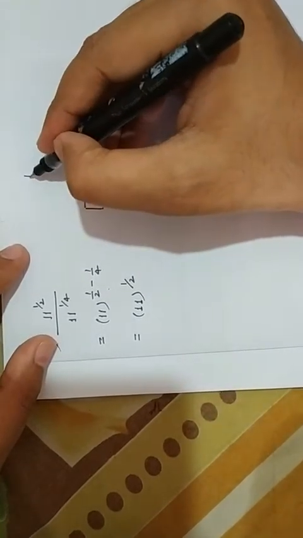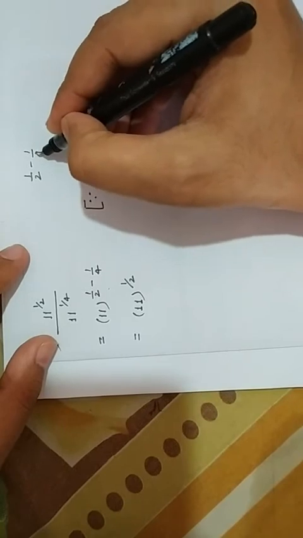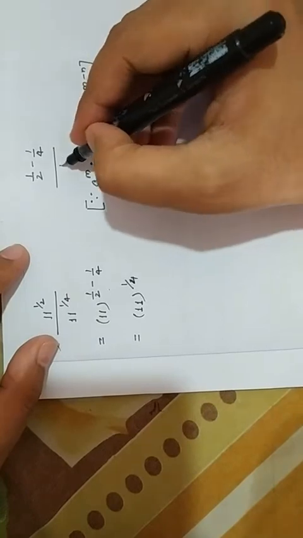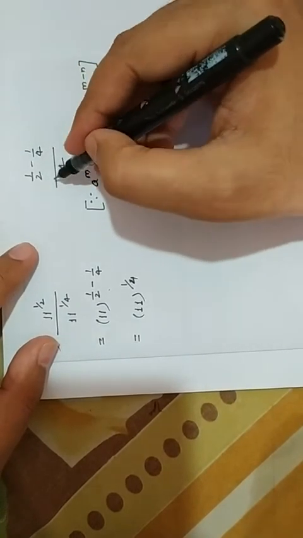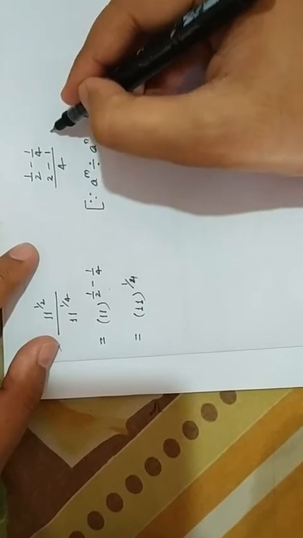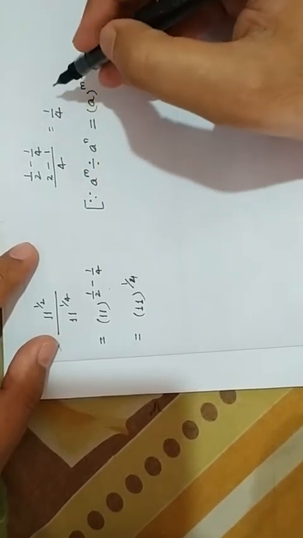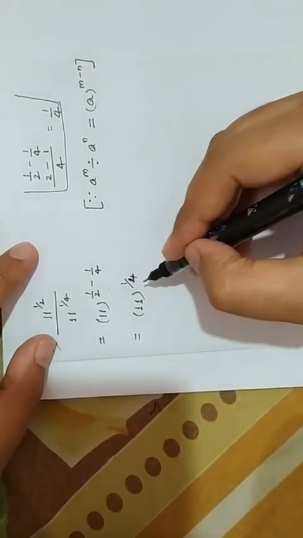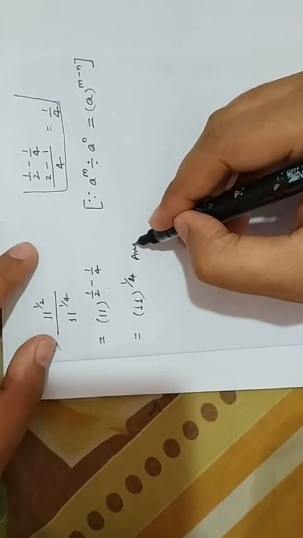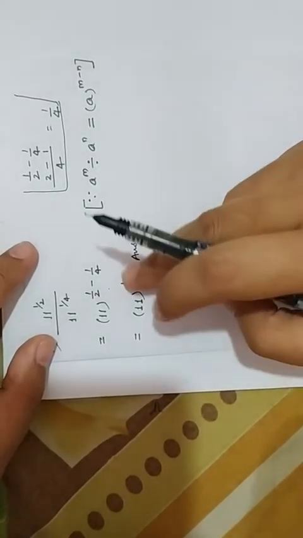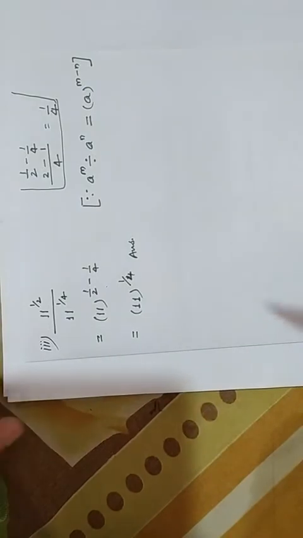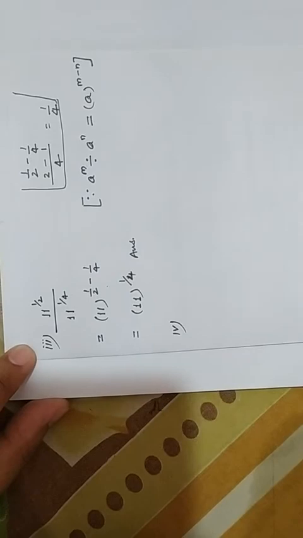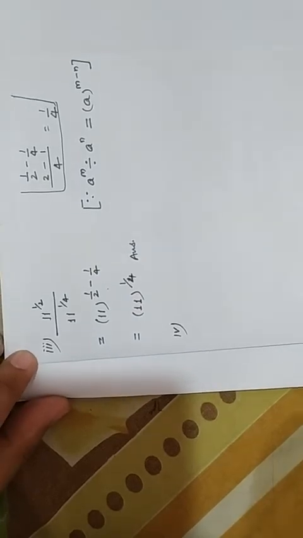You can check it, 1 by 2 minus 1 by 4, so 4 is the LCM, 2 minus 1, 1 by 4 will remain. So here 1 by 4 is the power, 11 to the power 1 by 4 is the answer. Is that clear? If you have any doubt, whenever we have a doubt in class, you must clear it.